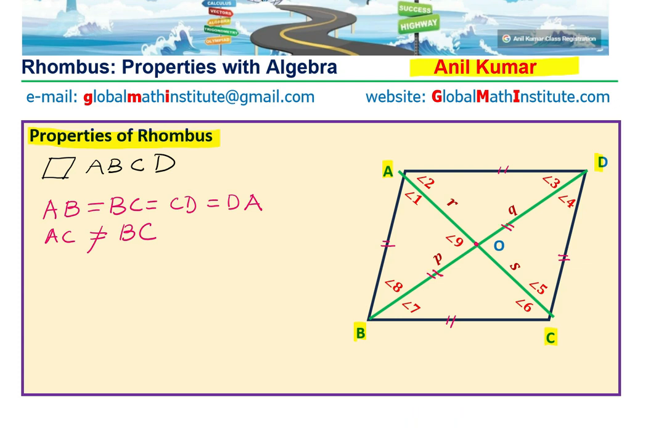So each half of the diagonal is equal. So here, as you can see, A to O is equal to O to C. So AO is equal to OC, and also B to O is equal to OD.